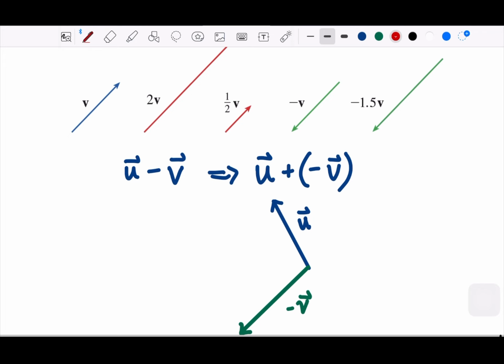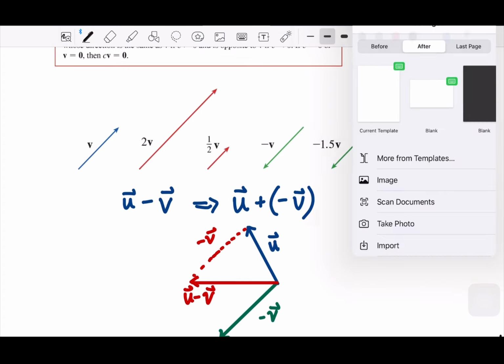You can make it here, or you can make minus v like that also, with the same conclusion. So this will be u minus v.